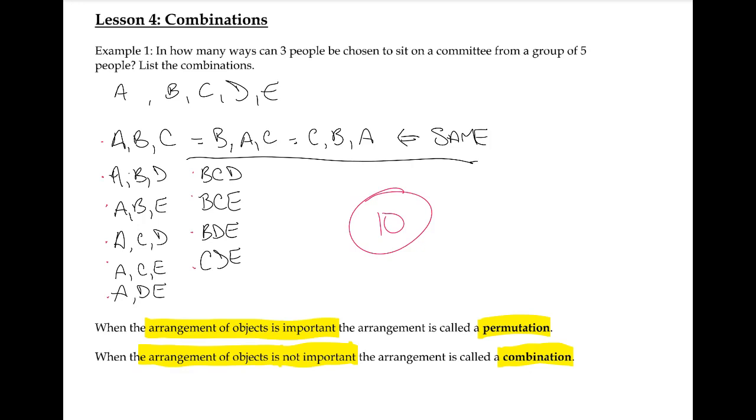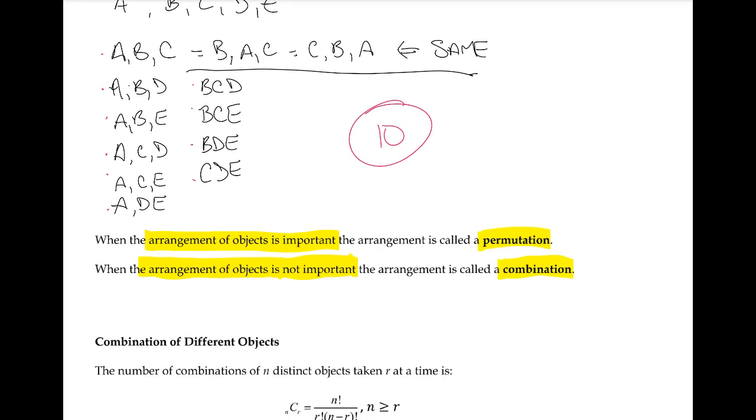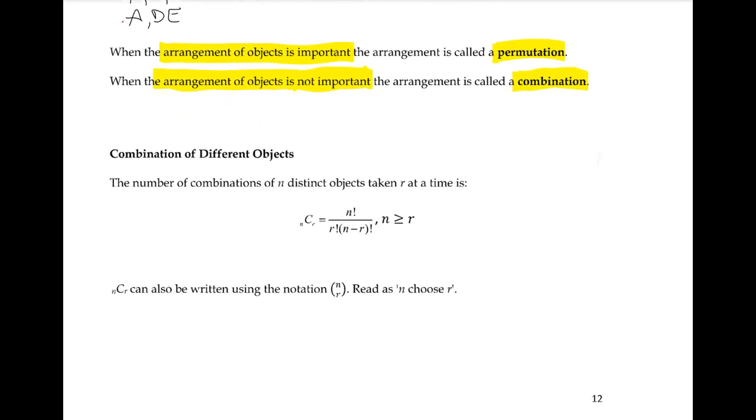That's significantly less than if we started caring about order, because these aren't even all the ways that we could arrange just these 3 people getting chosen. Generally we would expect a combination calculation to be less than a permutation calculation.